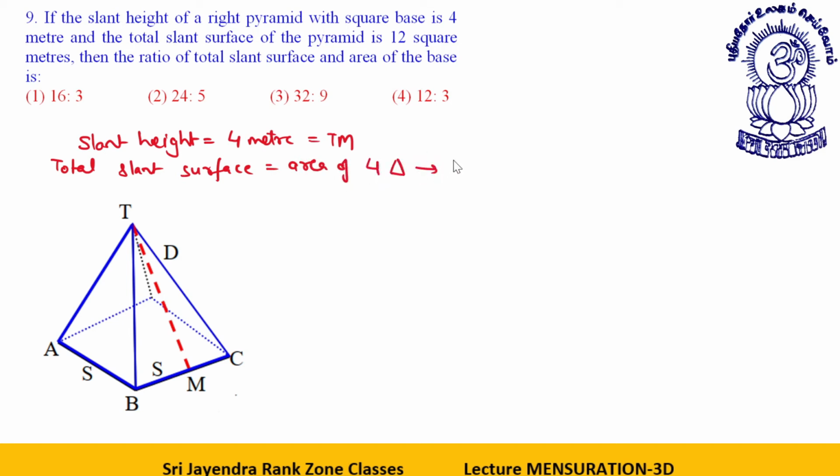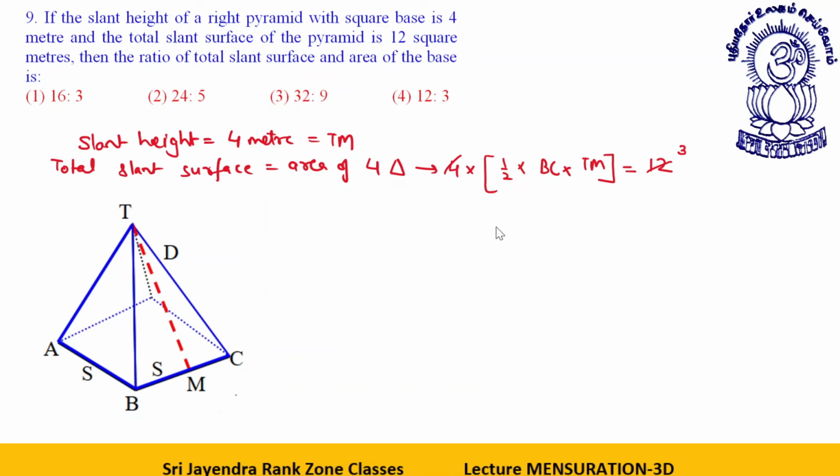That will be equal to 4 into the area of one triangle, half into base BC into height TM. This is given to you as the total slant surface of the pyramid is 12 square meters. 4 cancels with 12 to give you 3. BC is given to you as 4 meter.